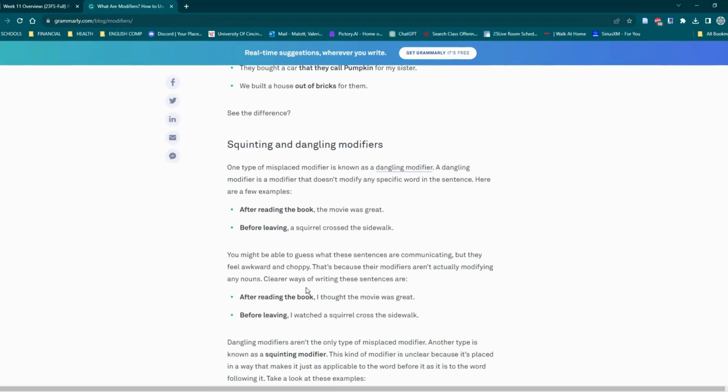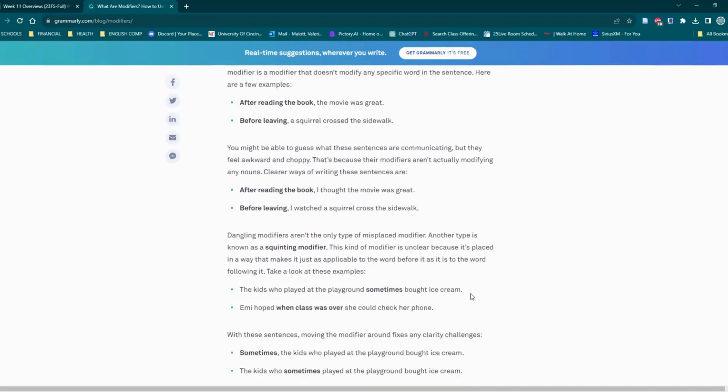And that's because the modifiers aren't actually modifying any nouns. So a more clear way to write these sentences above would be "After reading the book, I thought the movie was great," right? "Before leaving, I watched a squirrel cross the sidewalk."